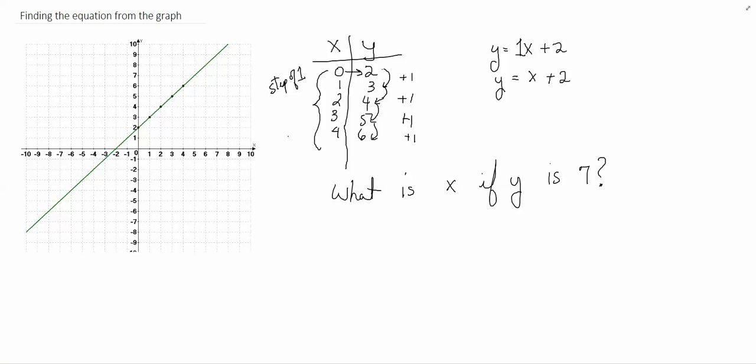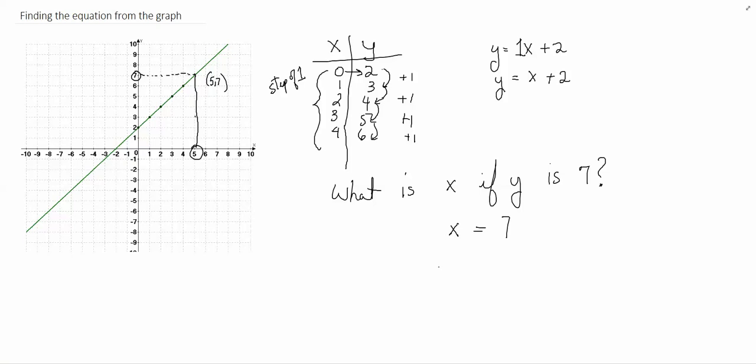We can go, okay, well, a y of 7, I find my y of 7 and go out, okay, it meets the line right there. I go down and it gives me an x value of 5. We can see that 5 and 7 sit on the line. This point is 5, 7. So we can say that x would equal 5. So we can get it straight off the graph.